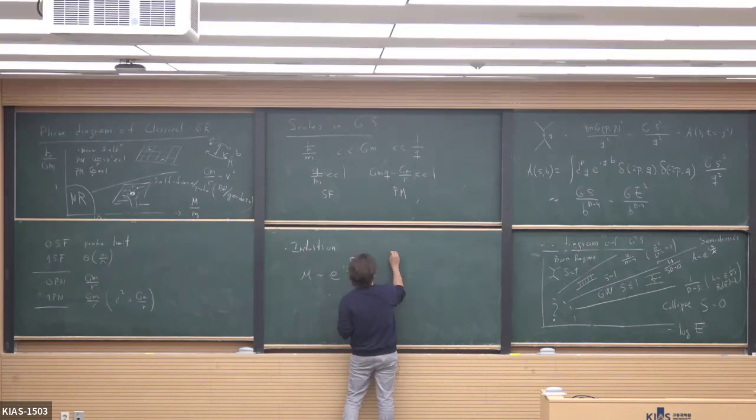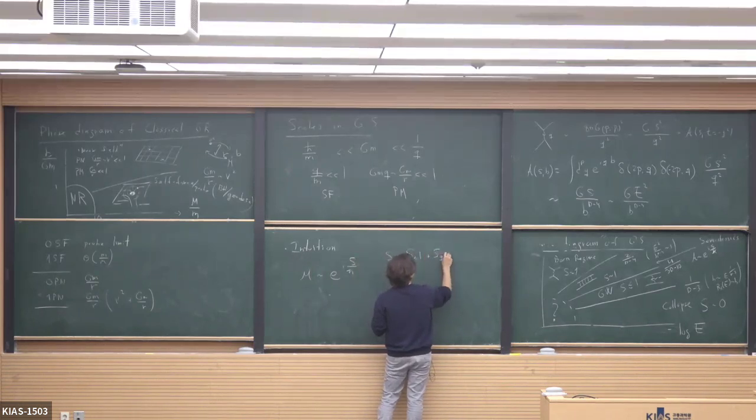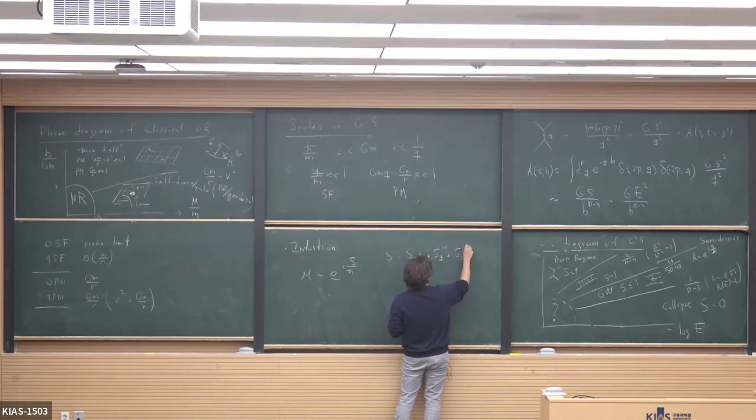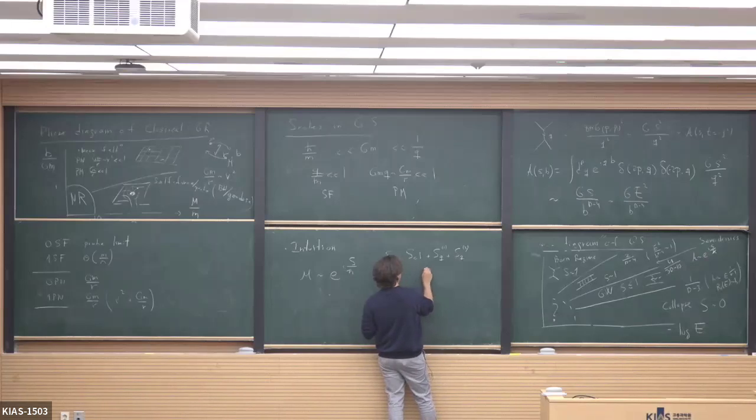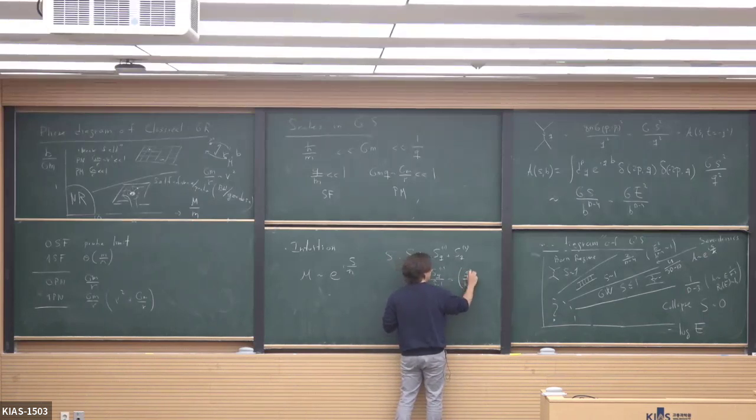right? So this S will have some classical piece, like first quantum correction, second quantum correction, et cetera, et cetera. And then these things here will be relative to S classical, right? So if I have S_q^n relative to S classical, this will go like (p over m)^n.